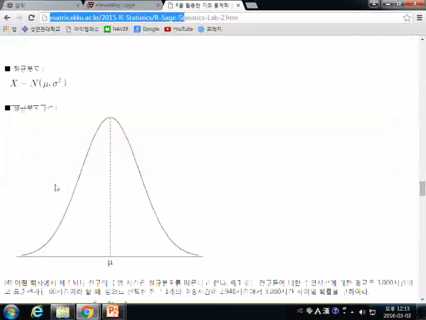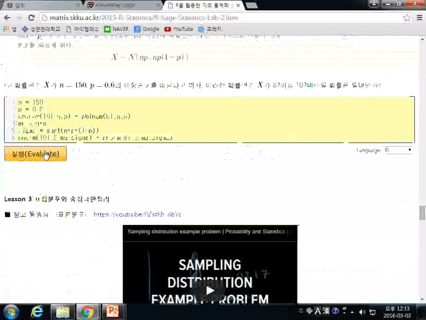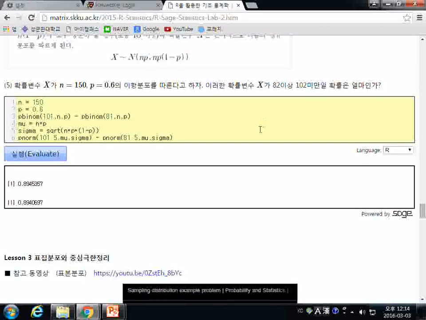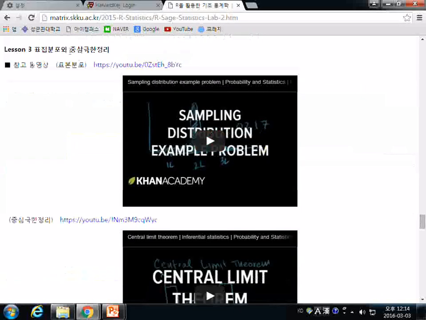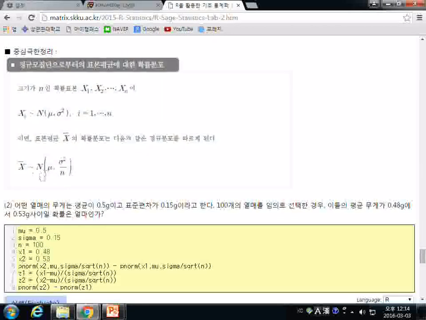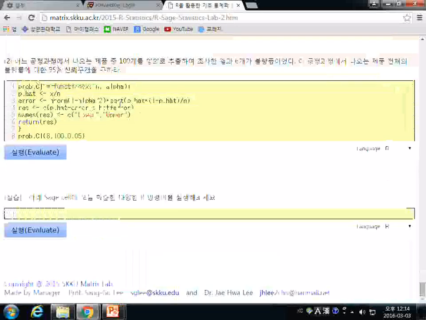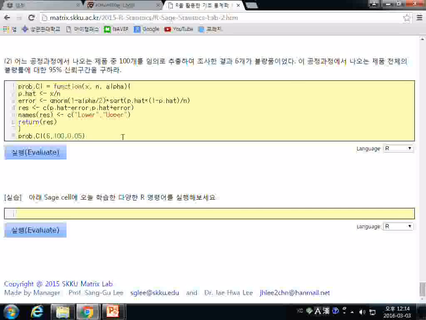You can find normal distributions, probability, central limit theorems, and so on. Actually, you don't have to learn the coding; this is the basic knowledge we will use later if you go through these.